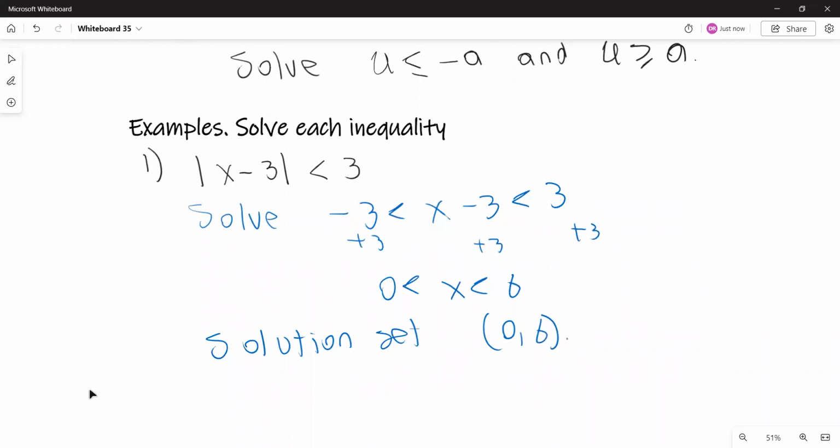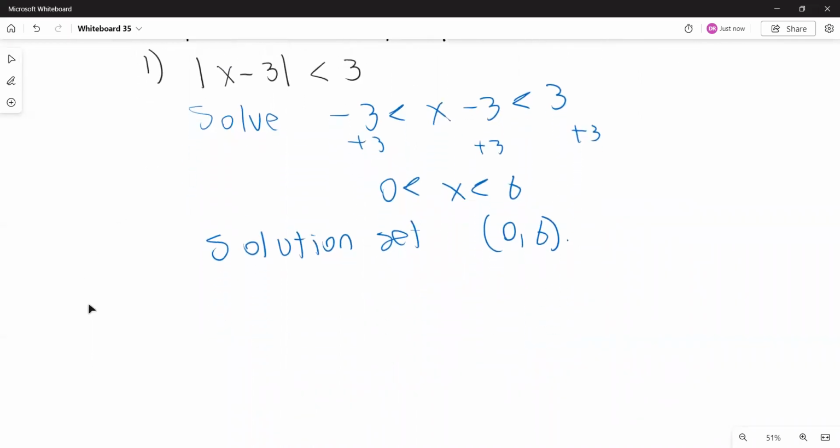Number 2. The next inequality involves greater than or equal to. We're going to solve the absolute value of 2x plus 5 greater than or equal to 7.